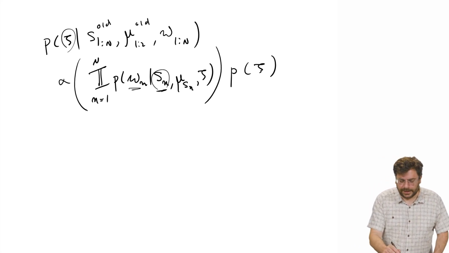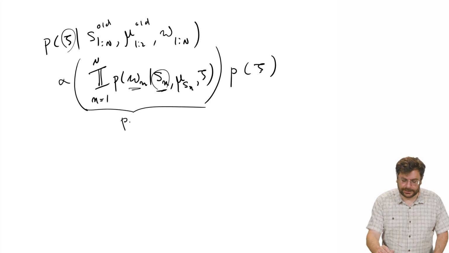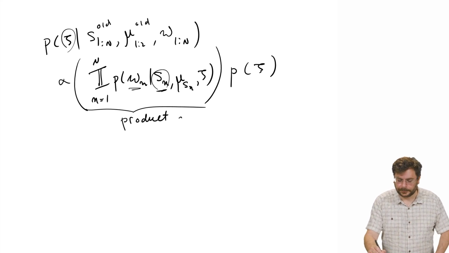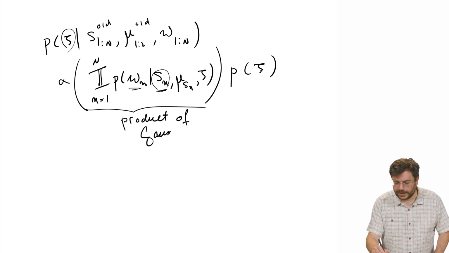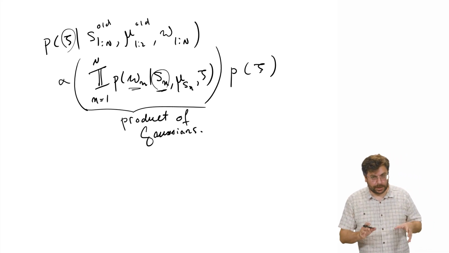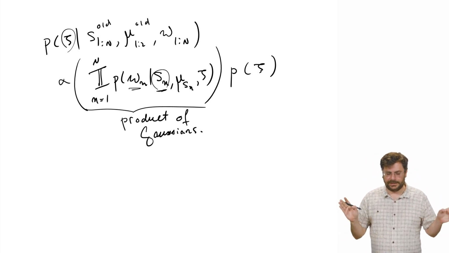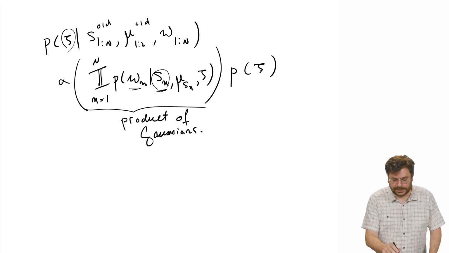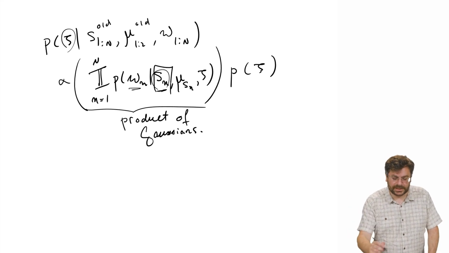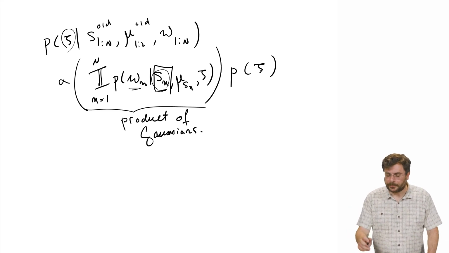So this is simply again going to be a product of Gaussians. It will not be, and this is very important, it will not be a product of a sum of Gaussians. That would be intractable. It's genuinely a product of Gaussians because I'm conditioning on Sn.